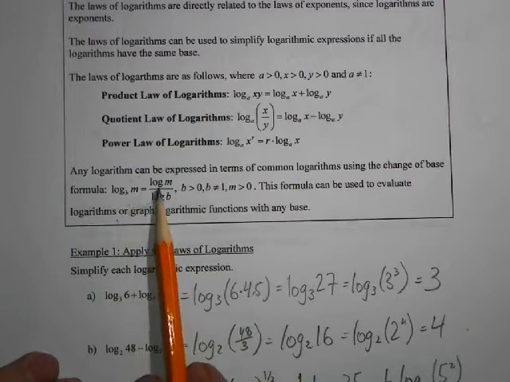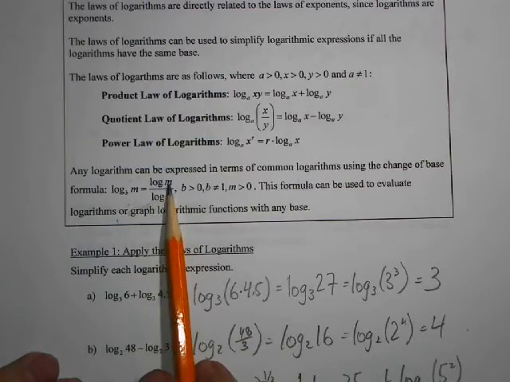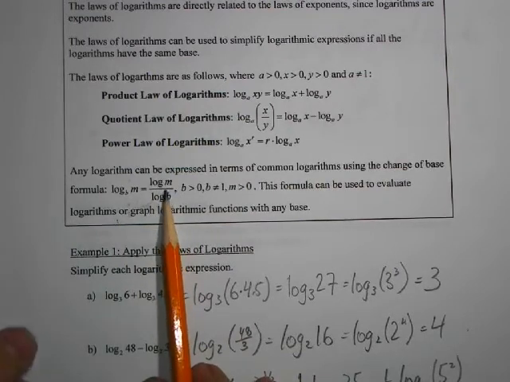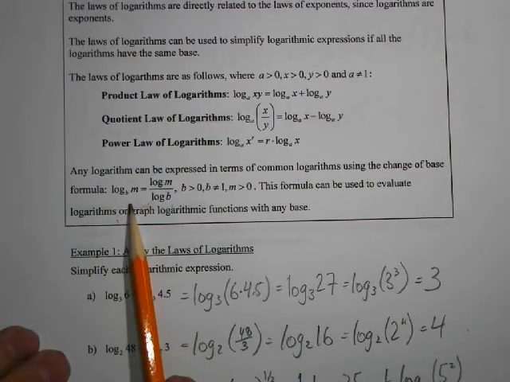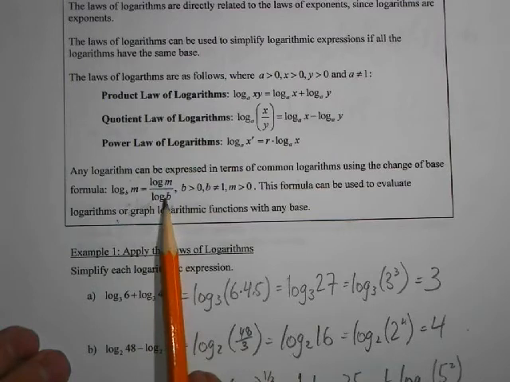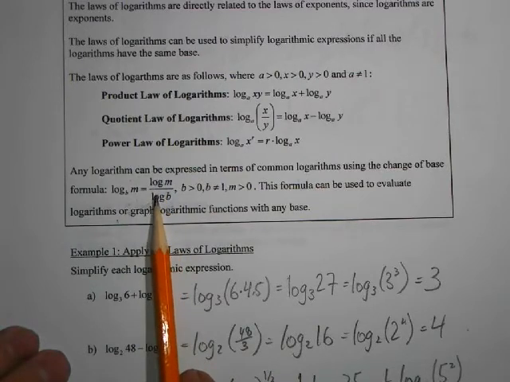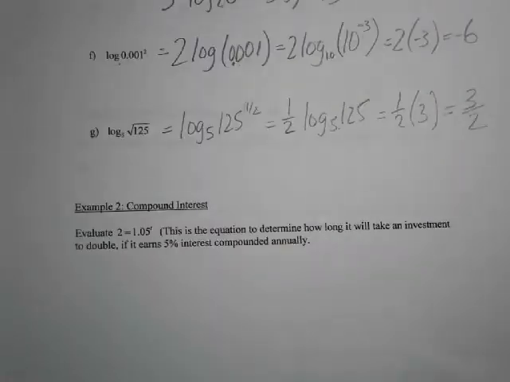That's equal to the common log of m over the common log of b. So that works out nicely because we can do these common logs on your calculator, but we'd first have to rewrite any other log with a different base as this ratio of logs. Okay, so let's go back and try to do that.